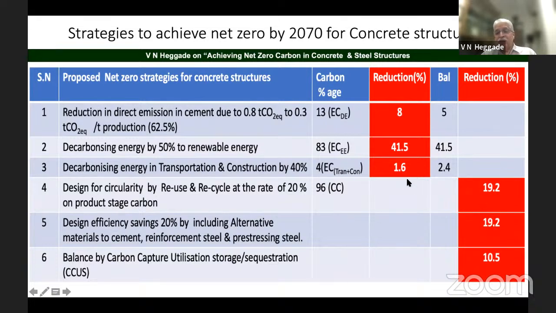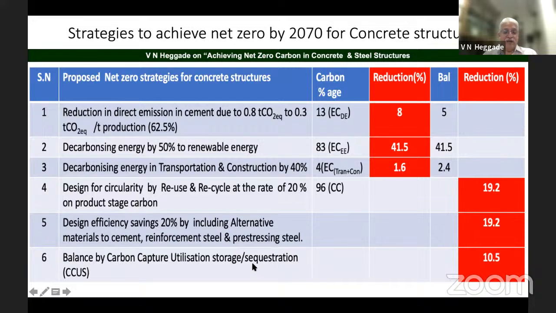The balance, which cannot really be reduced, whatever is left, I think that can be used for CCUS, what we call carbon capture, utilization, storage, and sequestration. The cement as well as the steel industry has been doing a lot of research in this direction.